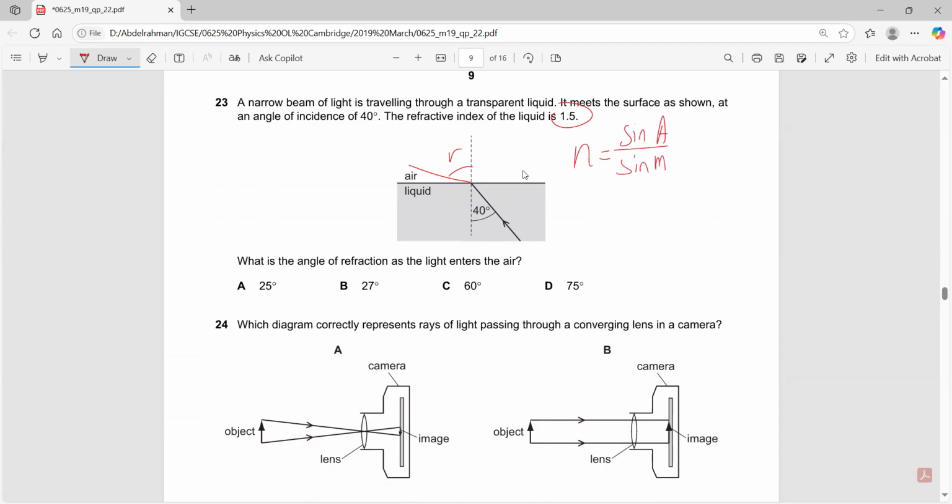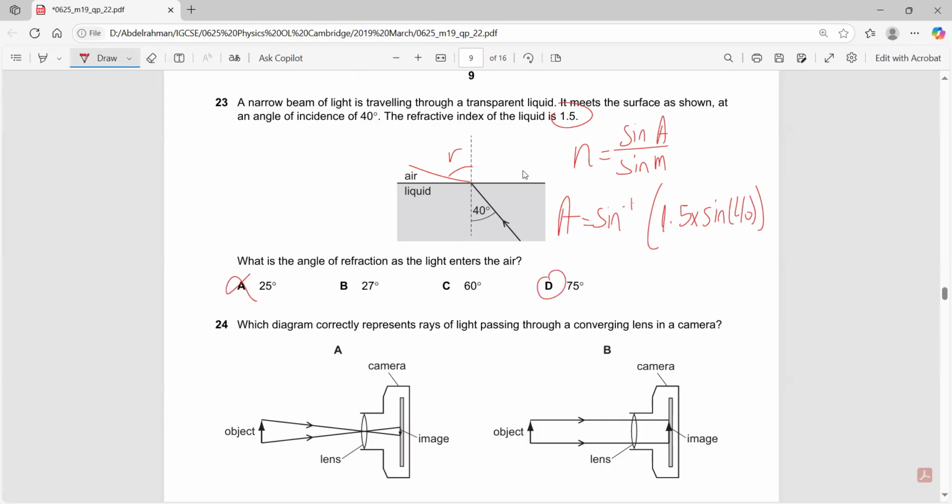You need to find the angle in air, which would be sine inverse of n times sine medium, or 1.5 times sine 40. Okay, sine inverse of 1.5 times sine 40 will give you a value of 75.